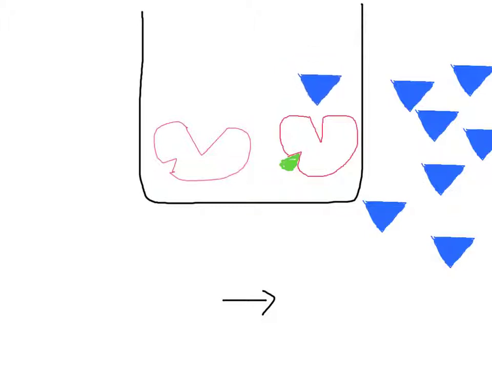So we reduce our concentration of active sites. If we continue to add substrate, we would increase the chance of enzyme substrate complexes forming with this enzyme here, but it would have no impact on the chances of an enzyme substrate complex forming with this enzyme here.